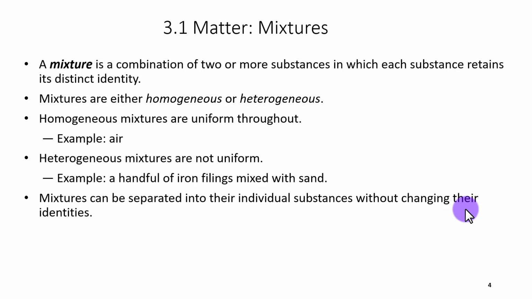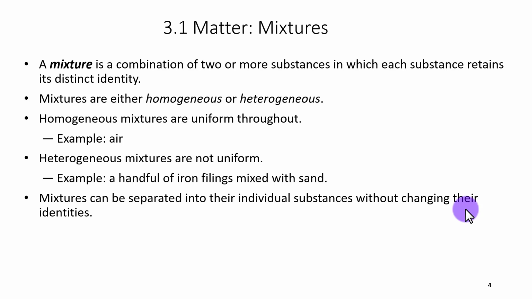Let's focus our attention on mixtures. Mixtures, we said, are a combination of two or more substances. Whatever substances I'm mixing together, they keep their identity. So I'm not changing the identity of whatever pure substances I'm mixing together.